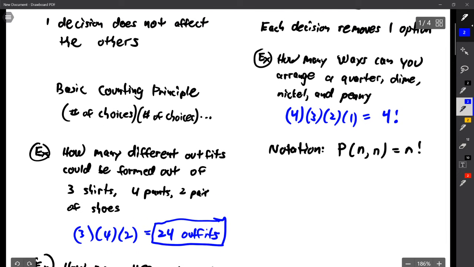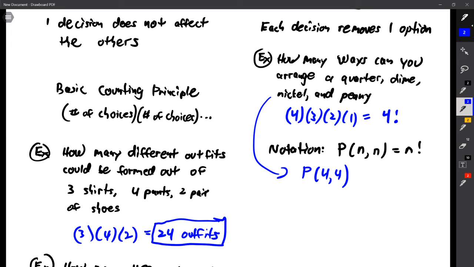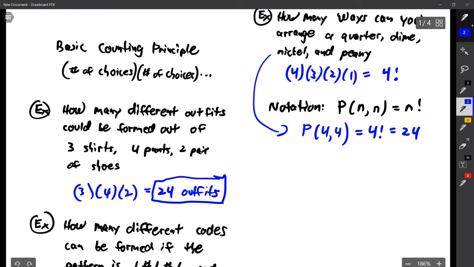So the problem that we just did would be permutations of 4 items taken 4 at a time, meaning there are 4 items to pick from, and we're using all 4 in our arrangement. That is 4 factorial, which is 4 times 3 is 12, that's 24.